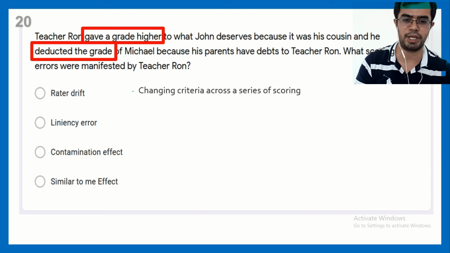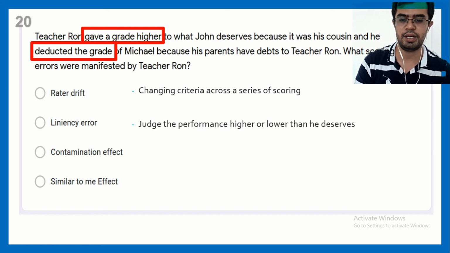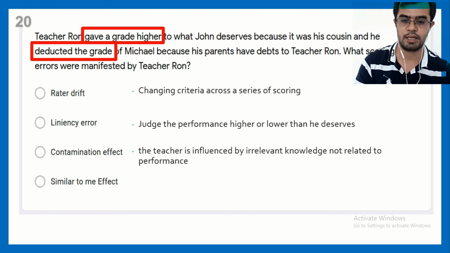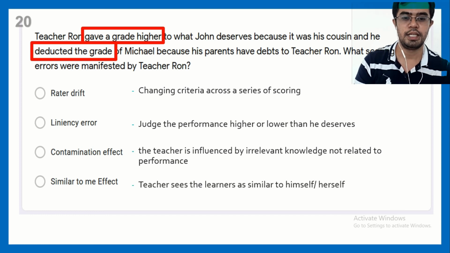Rater drift means changing criteria across a series of scoring. Leniency error, you judge the performance higher or lower than he deserves. Contamination effect, the teacher is influenced by irrelevant knowledge not related to the performance. Similar to me effect, the teacher sees the learner as similar to himself or herself.